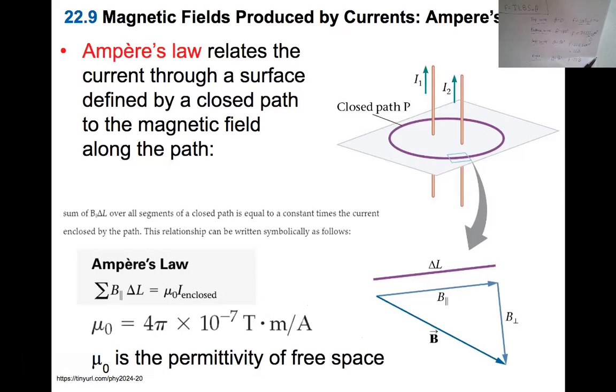So this is basically what Ampere's law says: the sum of B parallel, which means tangential, times delta L over all segments of a closed path is equal to a constant mu naught times the current enclosed by the path.